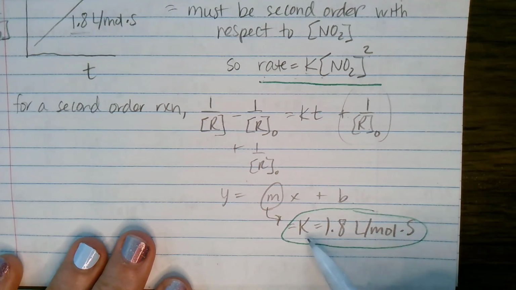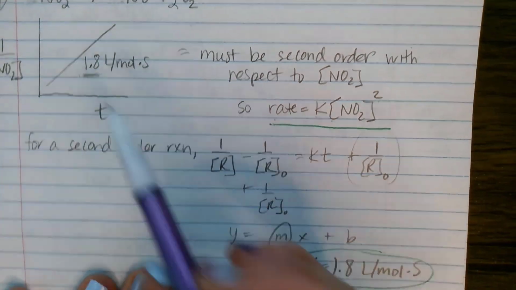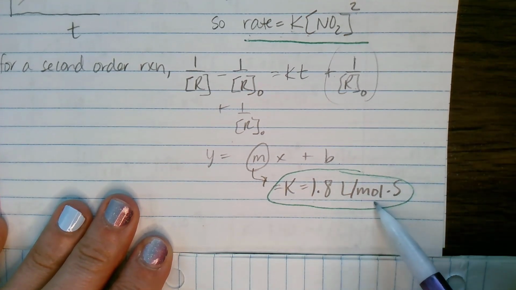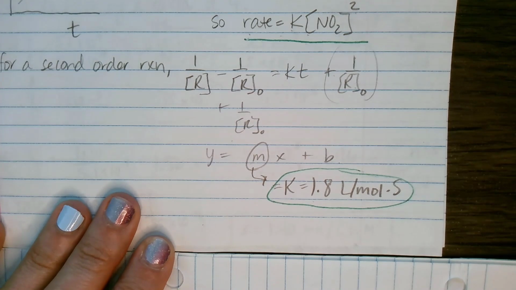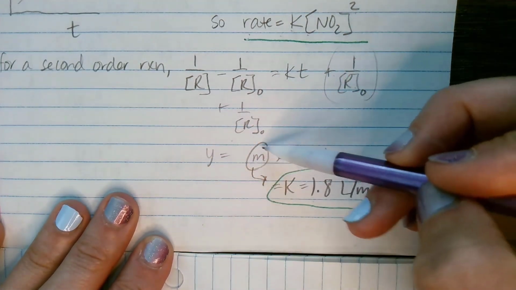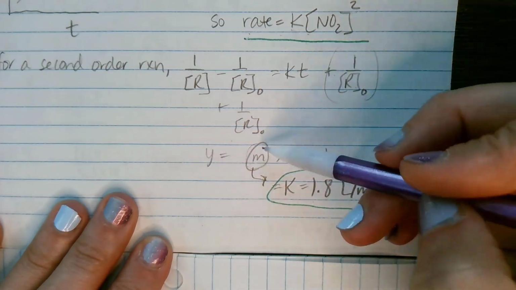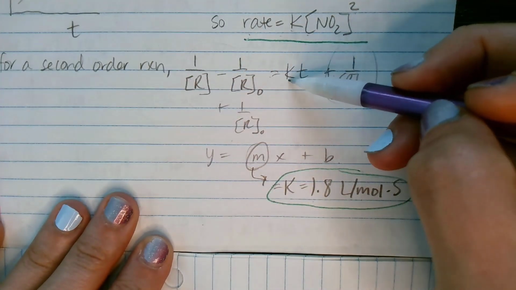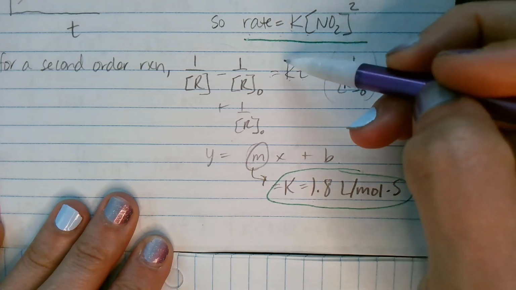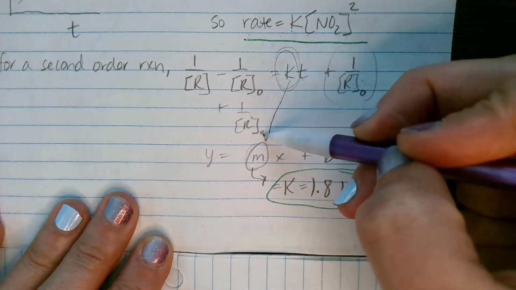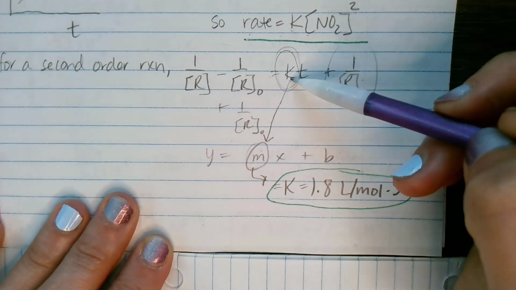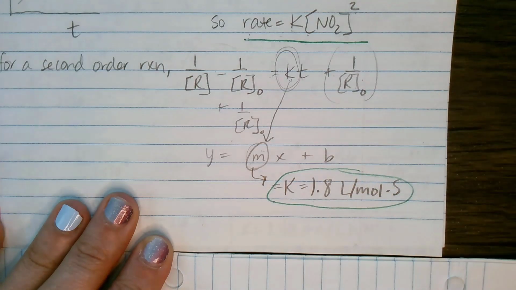And our k, which is our m, is the slope, 1.8 liters per mole seconds. And again, that's because m in the y equals mx plus b setup stands for slope. So this is the m, and we know m is slope. We were told it's 1.8, so k is 1.8.